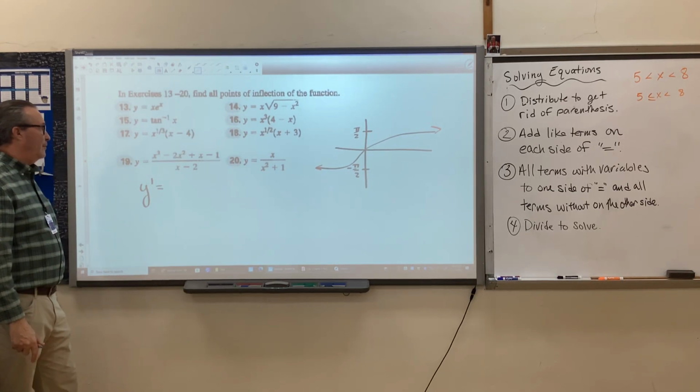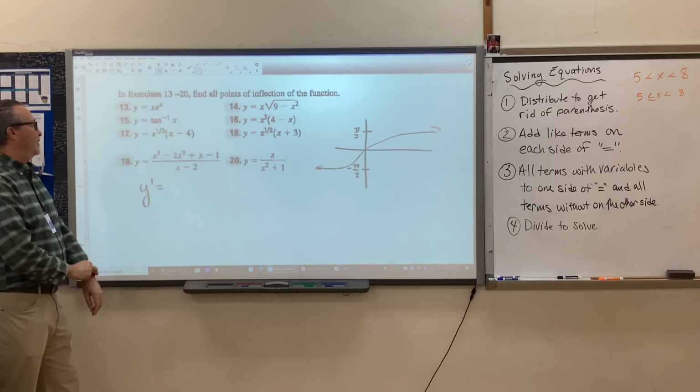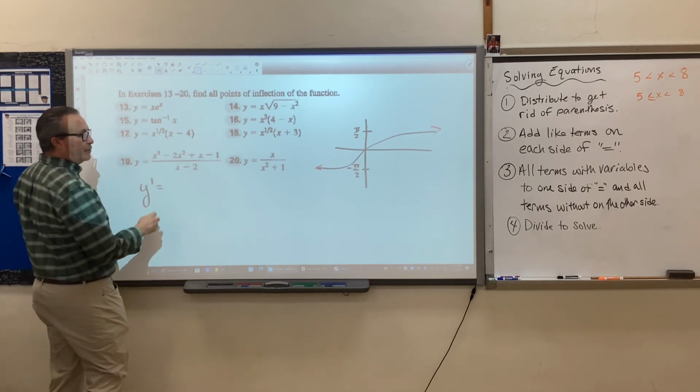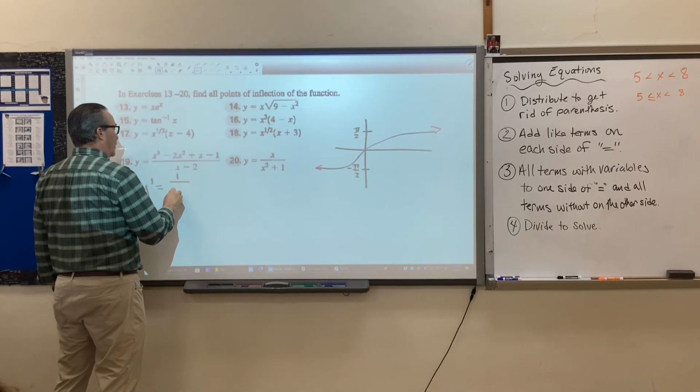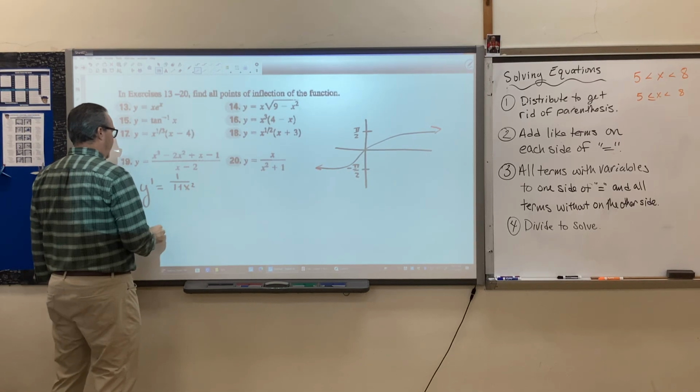So let's see if we do the work and get that answer. First derivative is 1 over 1 plus x squared.